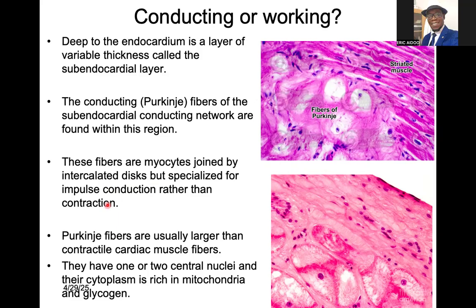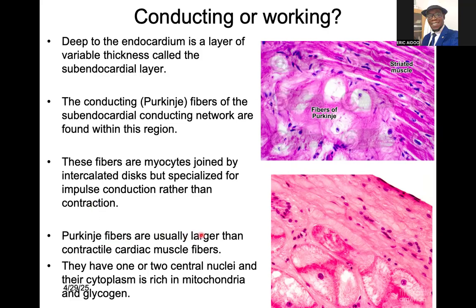Just like any skeletal muscle, striated muscle, and for that matter cardiac muscle, they are also striated and can undergo contraction and relaxation. However, the Purkinje fibers are specialized for what? Conducting and not just contraction.